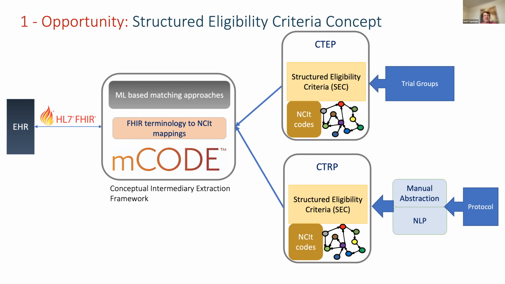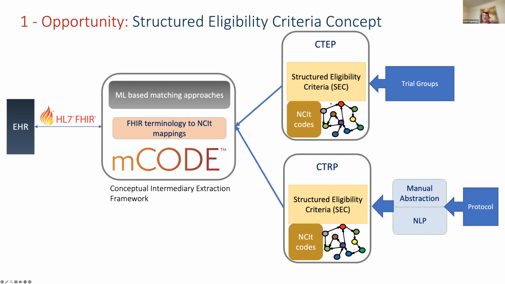There has been some preliminary work going on. As CTRP pulls some of the manual abstraction, there has been a natural language processing pilot to see whether we can map those structured eligibility criteria in a semi-automated manner.